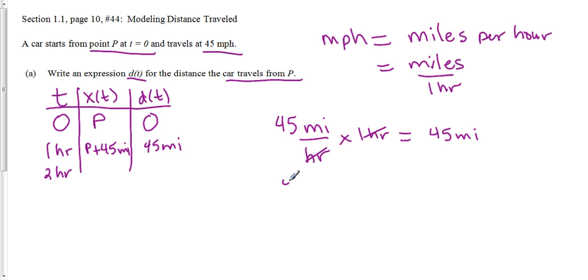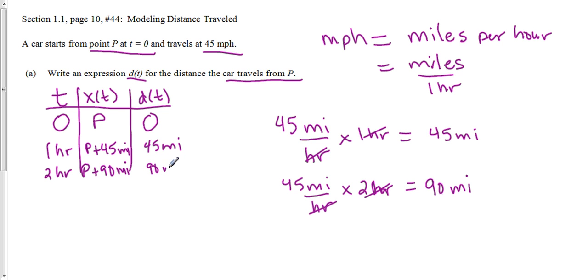But just to practice, in case you're in a situation where your intuition isn't helping you, we know the car moves 45 miles every hour, but now I'm going to multiply this by 2 hours. Again, my hours cancel, and now I'm going to get 90 miles. So my new position is going to be P plus 90 miles. And my d of t, which is the distance I've traveled from P, is going to be 90 miles.